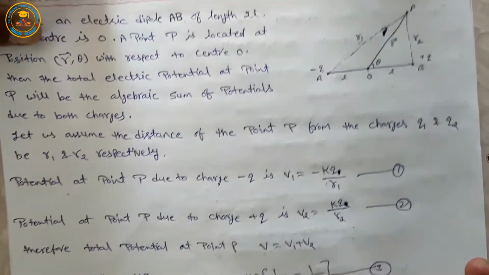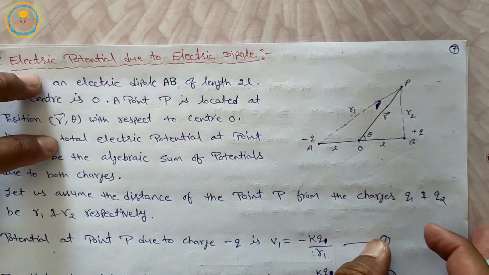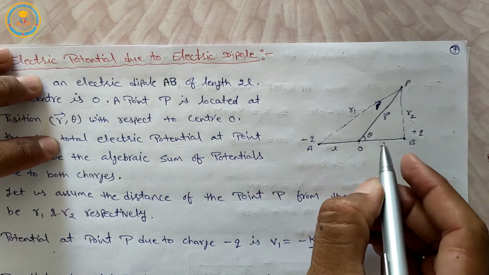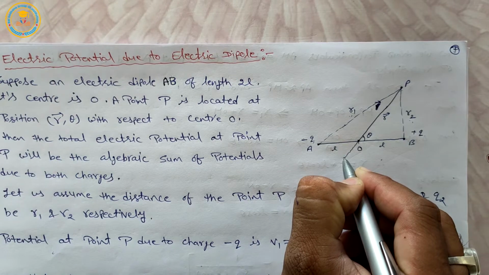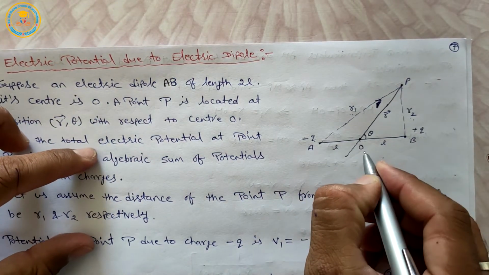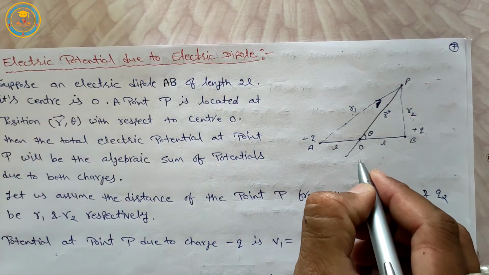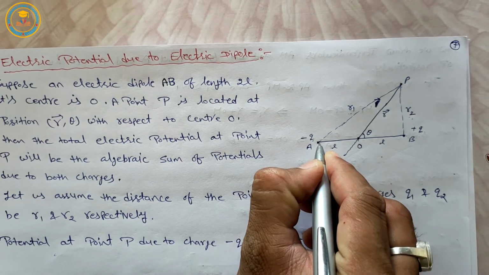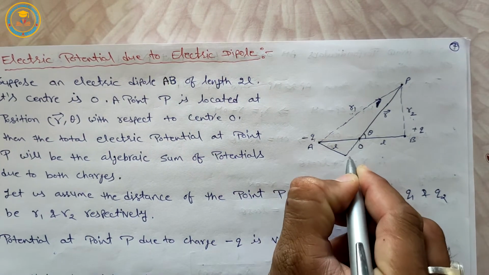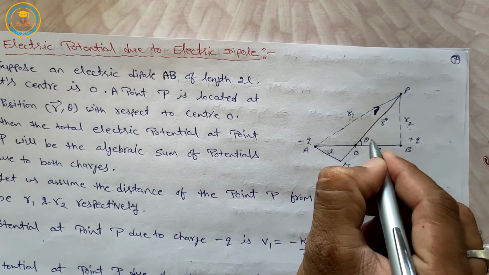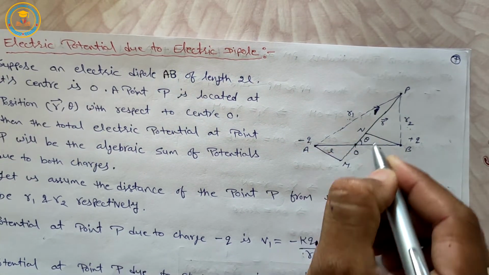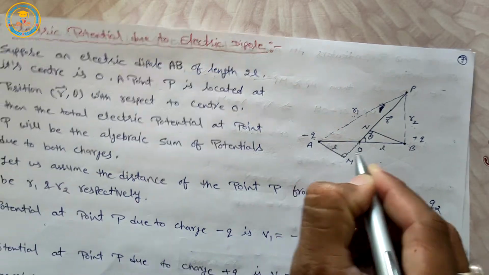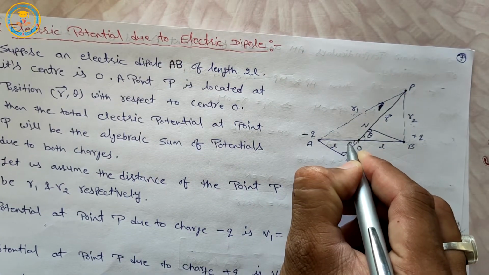For this, we draw a perpendicular on the line OP. From this point, the perpendicular is AM, and from this point, the perpendicular is BN. Okay, this is theta, so this is also theta.